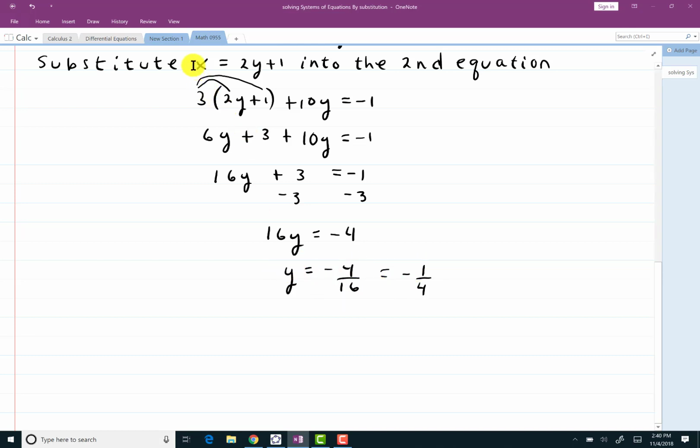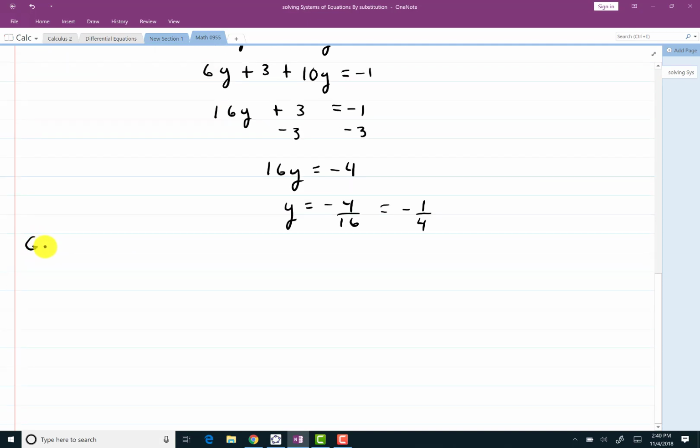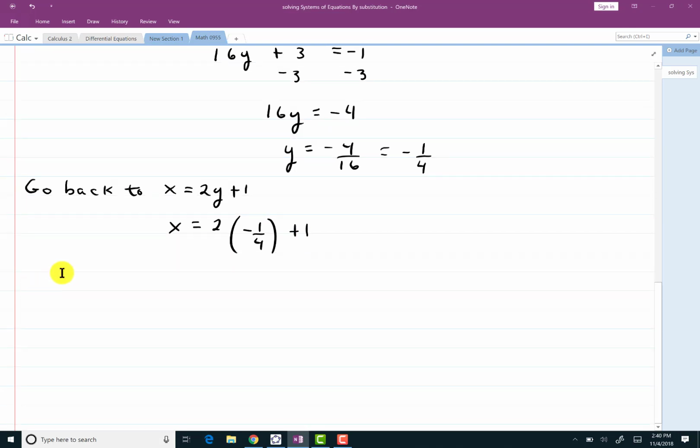Now to get the x value, I will go back to x equals 2y plus 1, and I will replace y with the negative 1/4 that I just found. And now in this equation, the 2 goes into 4 once.